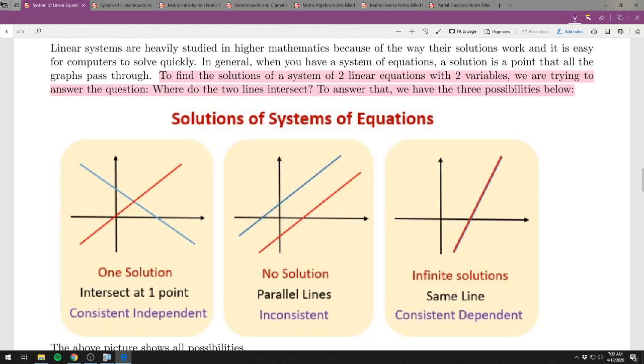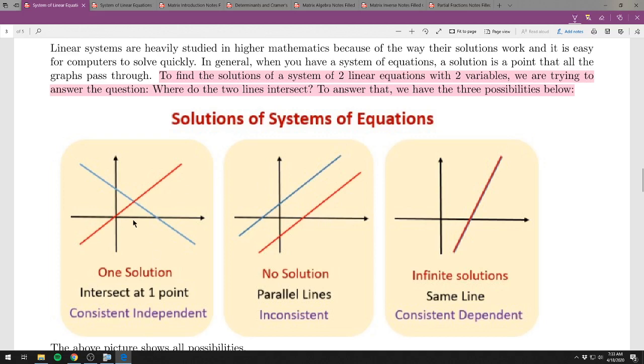And you want to know what are the solutions to this system of linear equations? What's the best solution, if that's a relevant question for you? We don't ask that second question in this course, but ultimately what you're doing is you're trying to find where the lines intersect. For a 2 by 2 system, it's where do the 2 lines intersect, and we have these 3 possibilities.